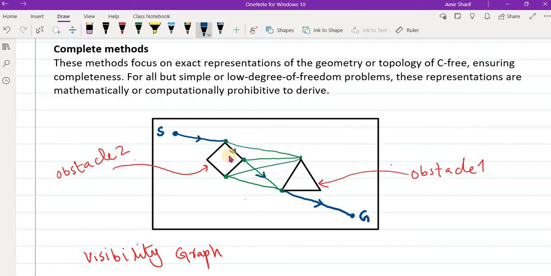So it's best suited for low degree of freedom problems, like a planar 2 degree of freedom robot or a simple mobile robot. But for higher degree of freedom problems, this method is very computationally expensive.